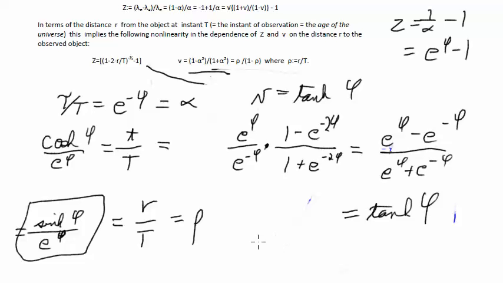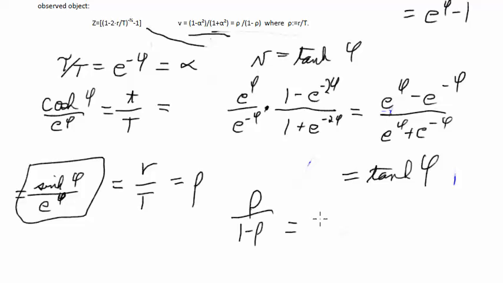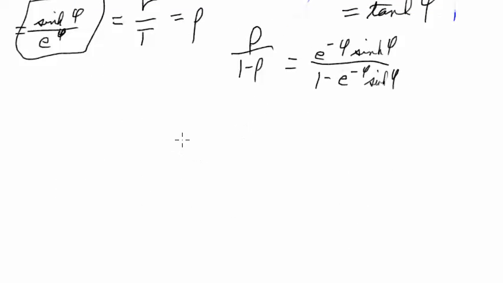Now, is that equal to rho over 1 minus rho? Rho over 1 minus rho would be equal to e to the negative phi sinh phi divided by 1 minus e to the negative phi sinh phi. Now, sinh phi is e to the phi minus e to the negative phi over 2.